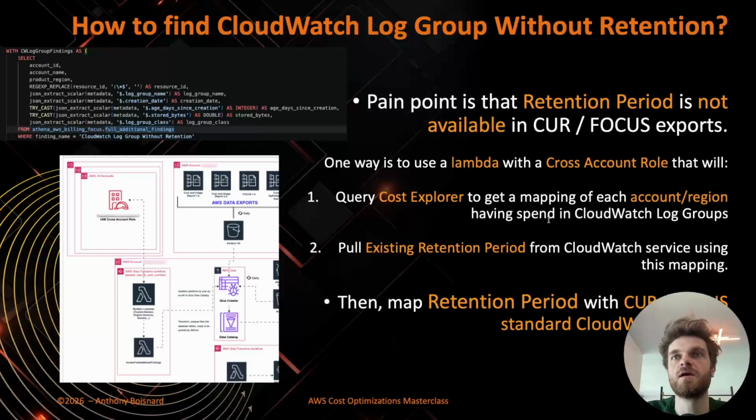And secondly, pull the existing retention period in each individual AWS account from the CloudWatch service using this mapping. Then you can map the retention period again with a classic CUR or FOCUS CloudWatch query.